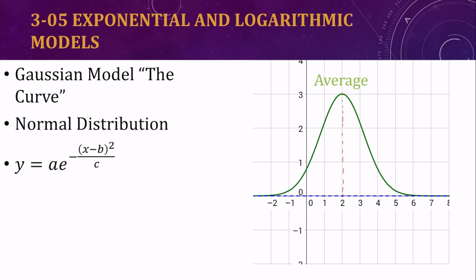And then you see it goes down on each side. This is used to model anything that is normally distributed, such as SAT scores, or heights, or weights, or pretty much anything that is naturally occurring can be modeled with a Gaussian model.